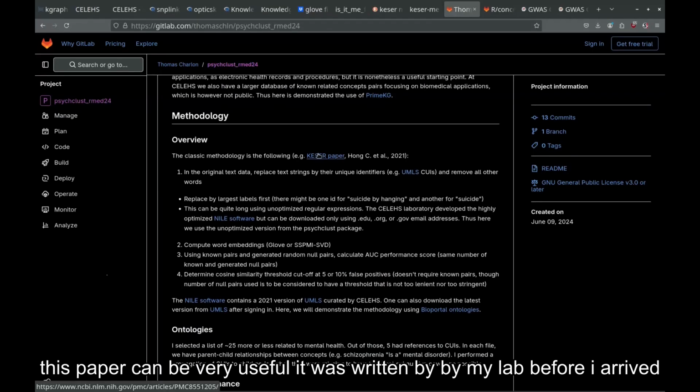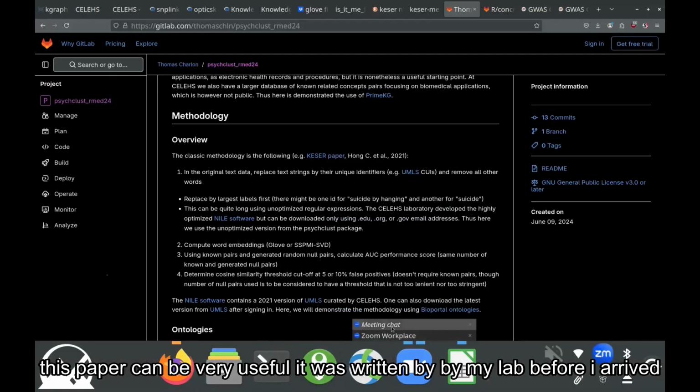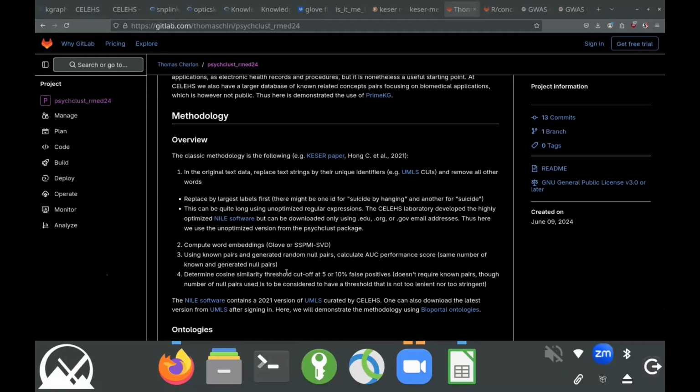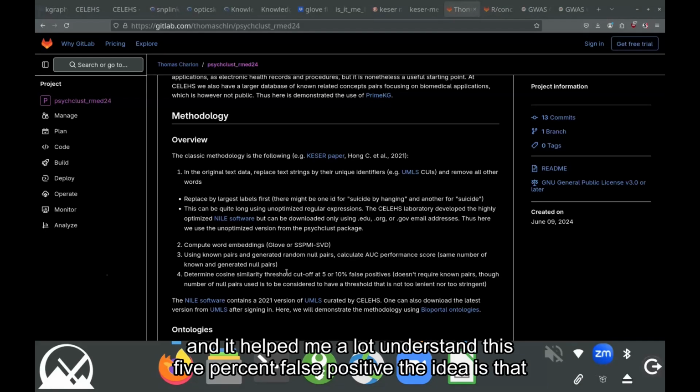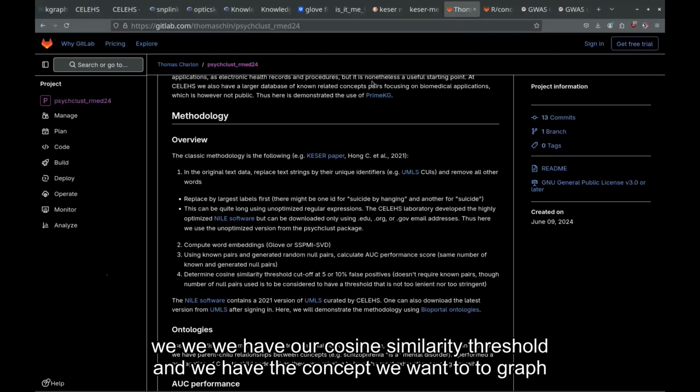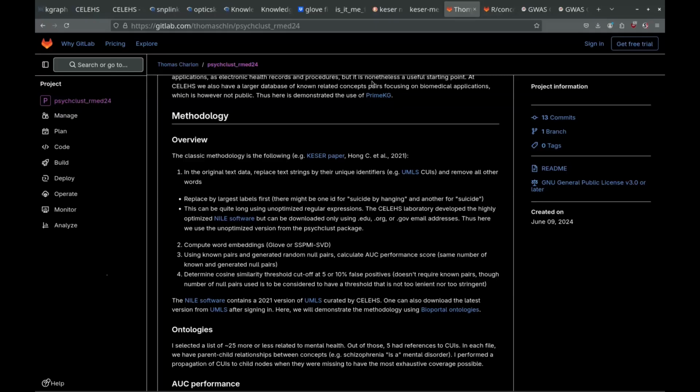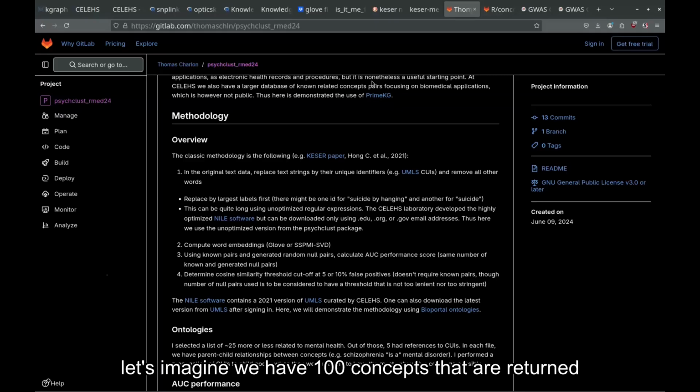This paper can be very useful. It was written by my lab before I arrived, and it helped me a lot to understand this 5% false positive. The idea is that we have our cosine similarity threshold, and we have the concept we want to graph. Let's imagine we have 100 concepts that are returned.